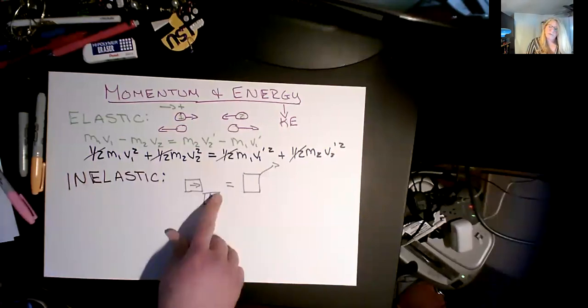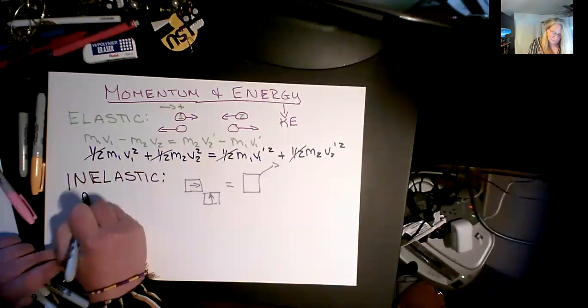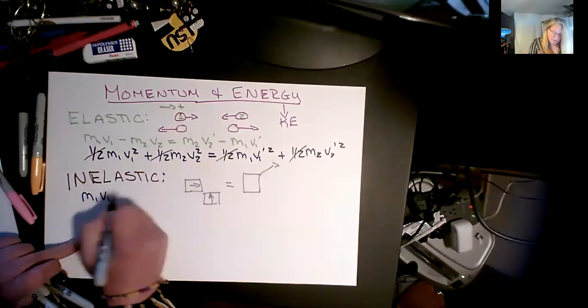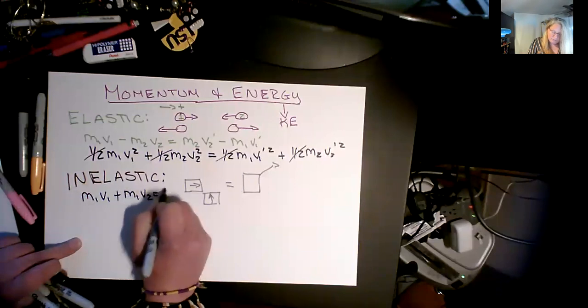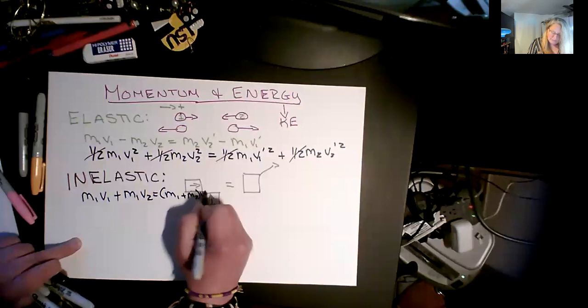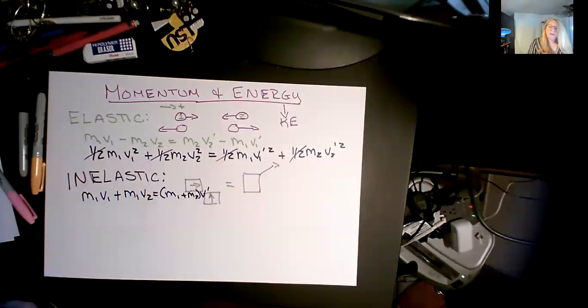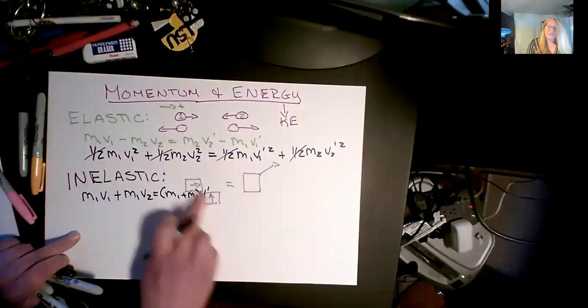Well, we've seen with this inelastic collision, we know that I end up with m1 v1 plus m2 v2, and I'm writing it this way for a reason, equals the sum of the masses times v prime. Now, what's not consistent here is I drew a circumstance that is in 2 dimensions.